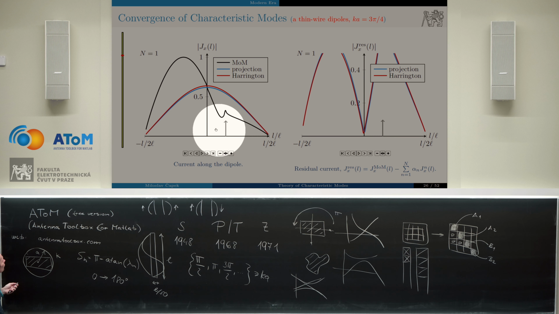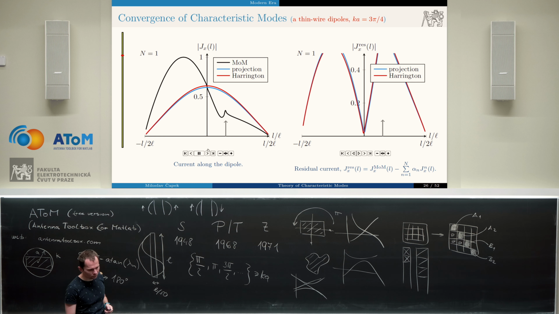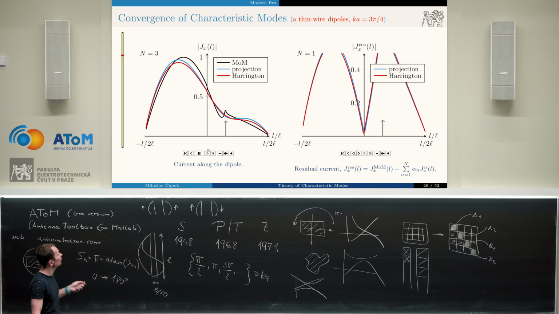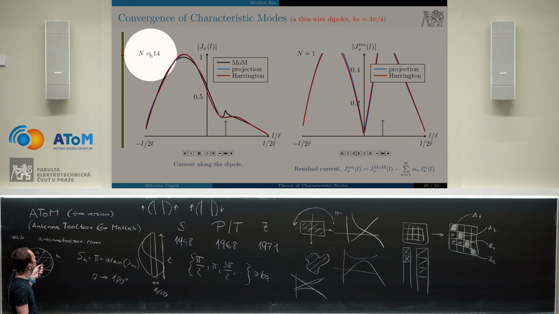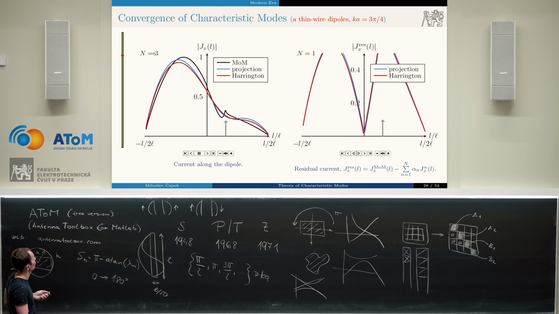And on the right, we have the residual current. So the difference between the method of moments solution, the reference one, and our projection and Harrington's formula. And now I can run the animation here, and we can watch the convergence. Here you can see the number of modes utilized for the summation.